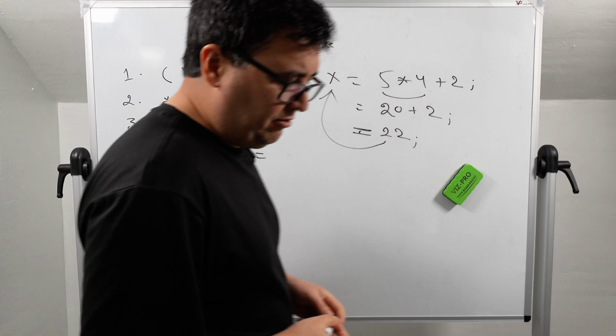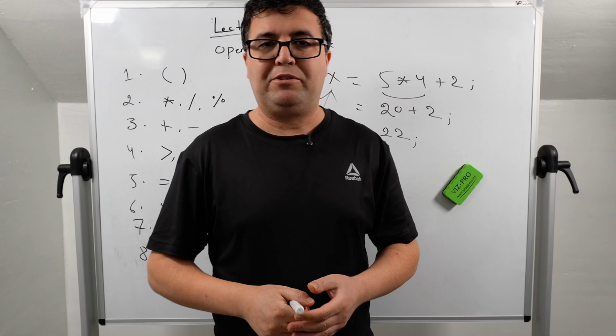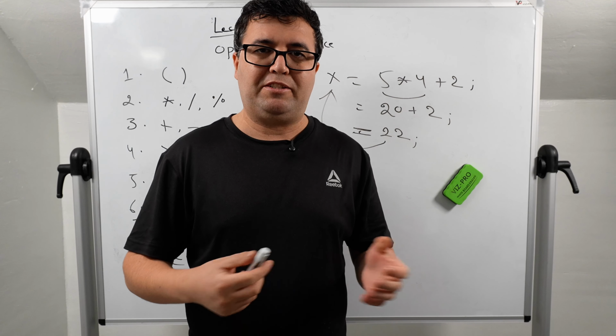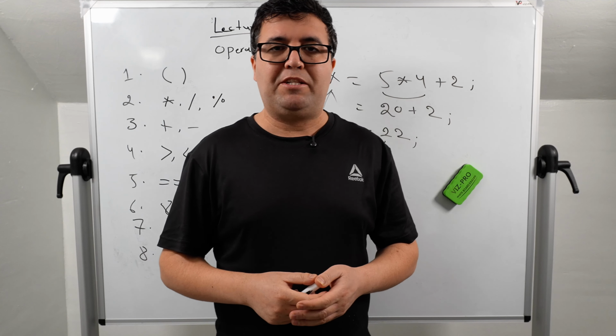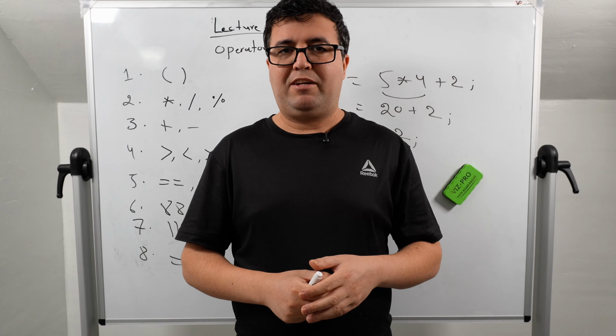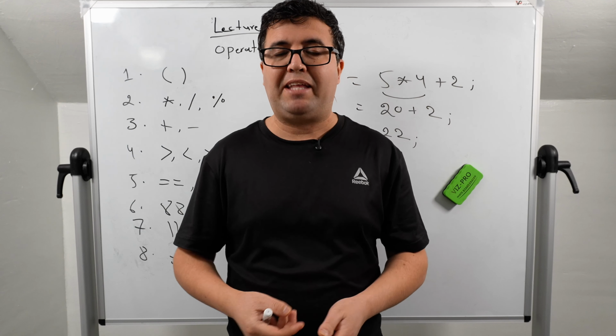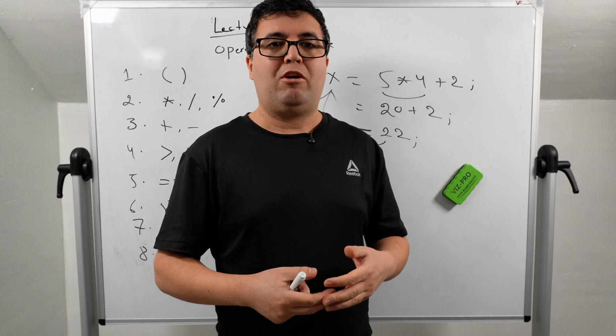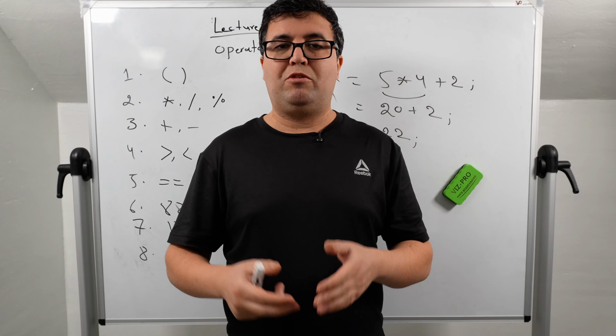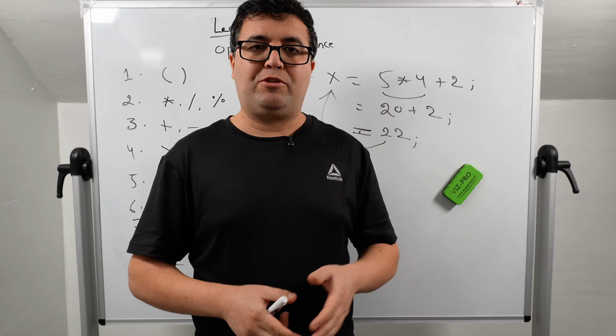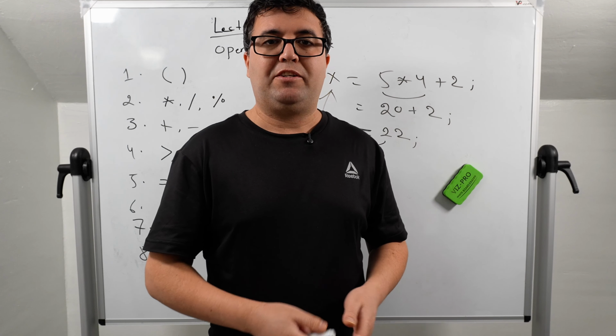So this was a two-day lecture about operator precedence in C++. It means if you have an expression you want to calculate, and that expression has multiple operators, which operation should be performed first?